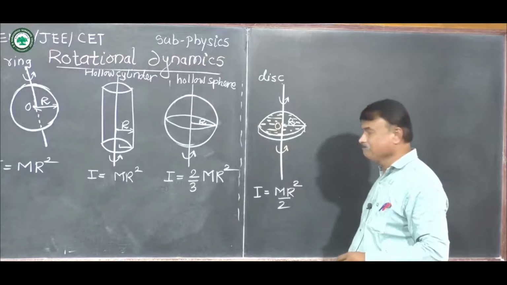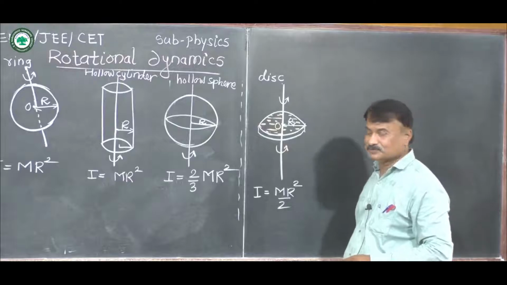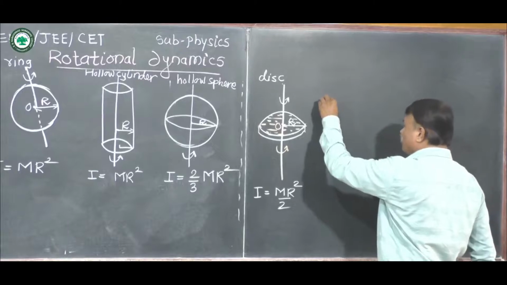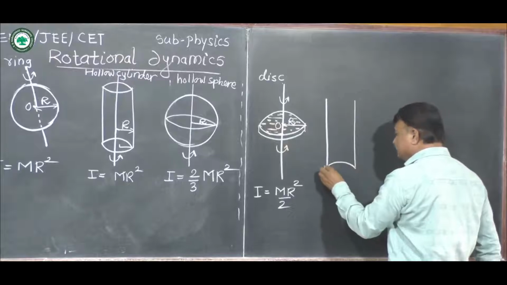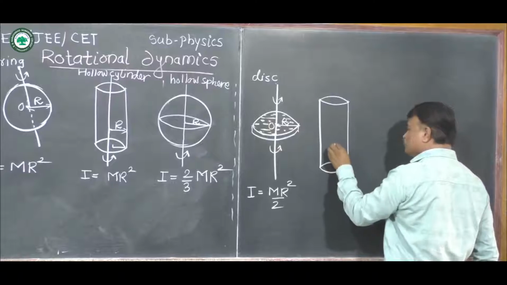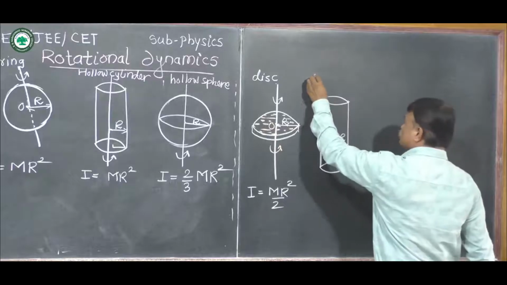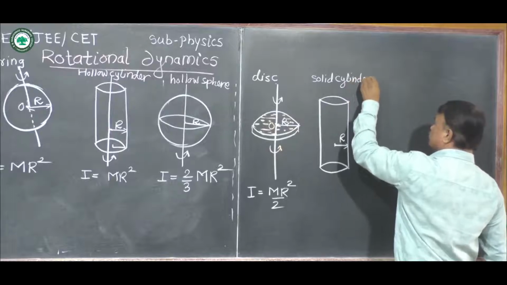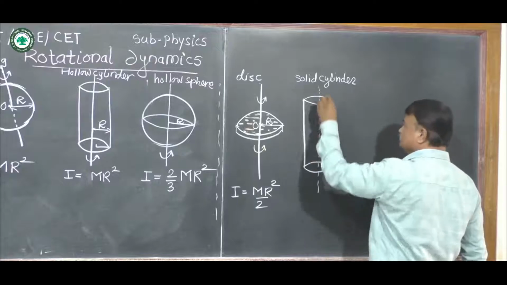Remember all these formulas. Now for a solid cylinder, we consider the same disk one above the other, and then there is formation of a solid cylinder like this one, with the disk having radius capital R. So here we use the same disk of radius capital R, and this solid cylinder is rotating about an axis like this one.